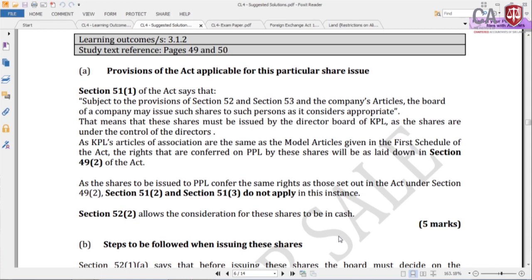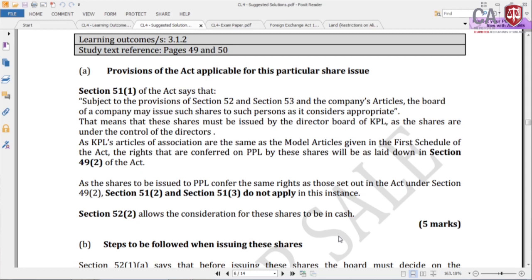Be issued by the director board of KPL, as the shares are under the control of the directors of the subsidiary. As KPL's articles of association are same as the model articles given in the first schedule of the Act, the rights that are conferred on PPL, the holding company, by these shares will be as laid down in section 49(2) of the Act.